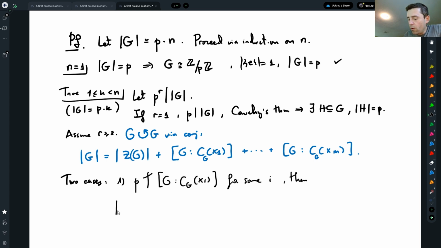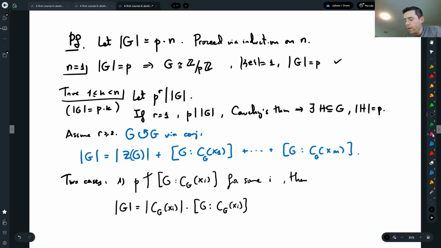well, remember that by Lagrange, the order of the group is the order of the centralizer at that x_i times the index of the centralizer. And we know that this is 0 modulo p to the r.